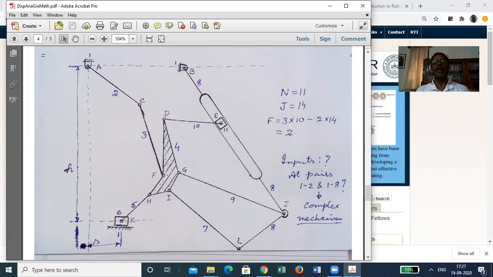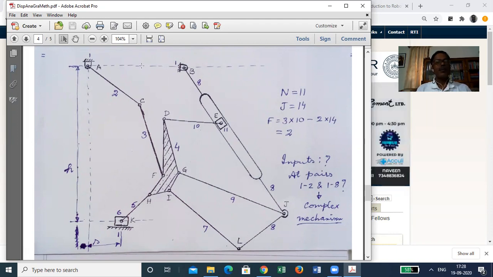Of course, the understanding is that all the kinematic parameters are already known, which means, among other things, this height is known because that is part of the description of the frame. And of course, the distance AB is known because that is the other part of the description of the frame.